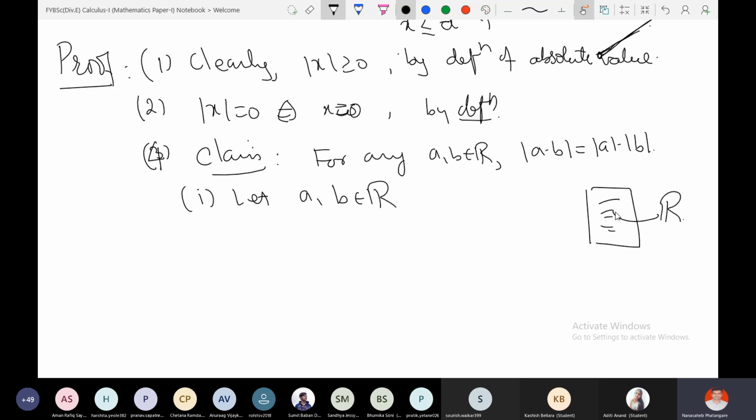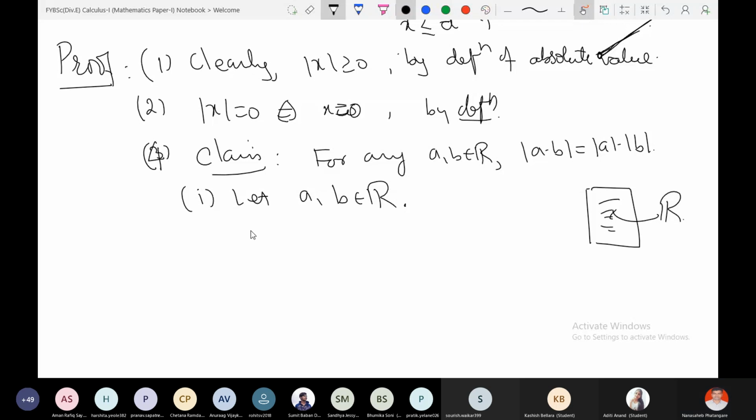I will just close my eyes and put my hand inside the bag and choose two numbers, without any bias, without looking at my convenience, just arbitrary. So whenever I say let a, b belong to R, it means not particular numbers, just choose any two.